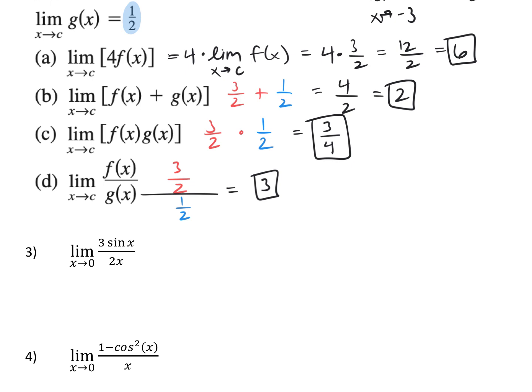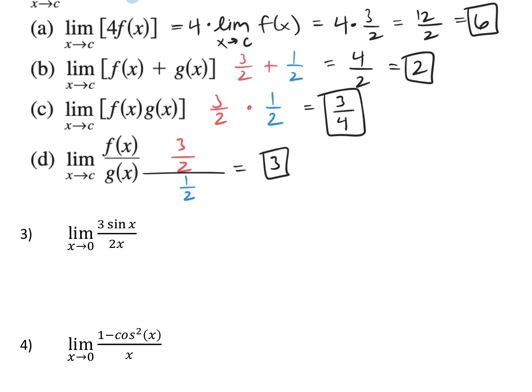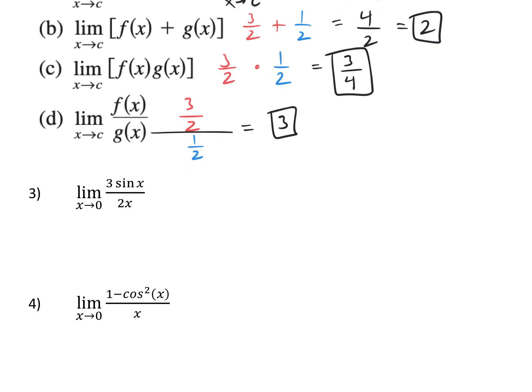Good stuff. Okay. Now, kicking it up a notch here, we are going to need to know those trig limit properties on the back page. Okay, so theorem 1.9. I'll write them over here as well. If you want to, you can do as well. So the limit as x approaches 0 of sine of x over x equals 1. That is one of them.